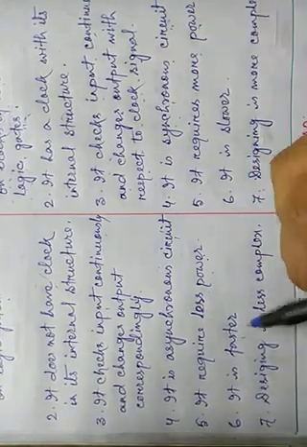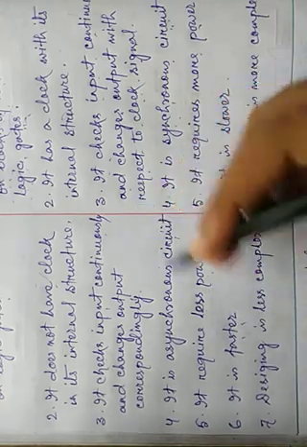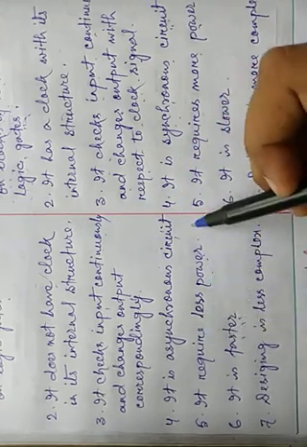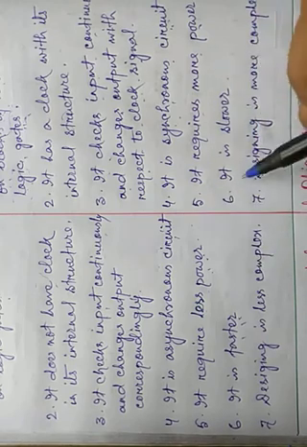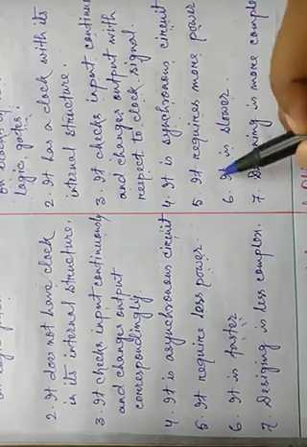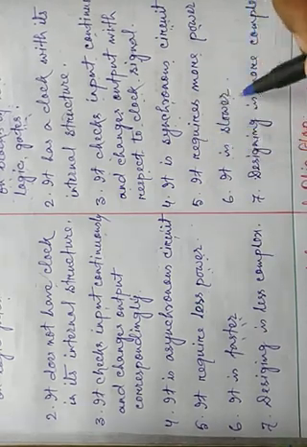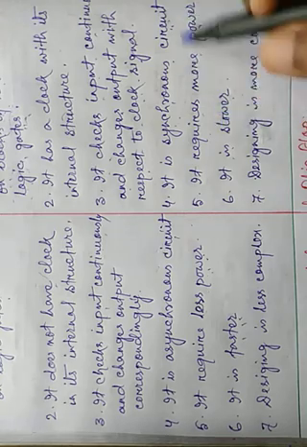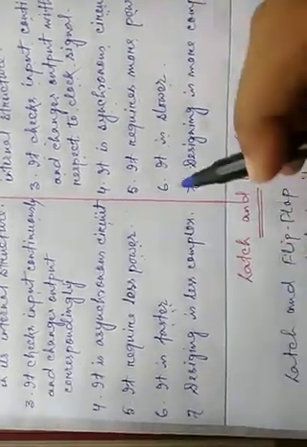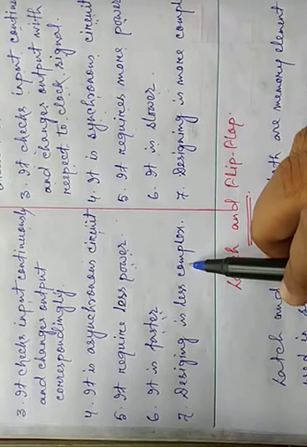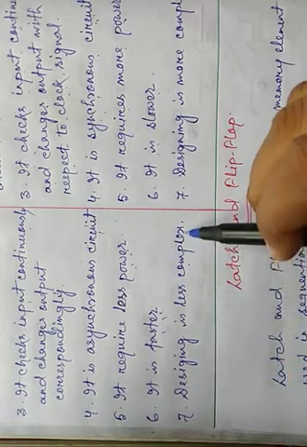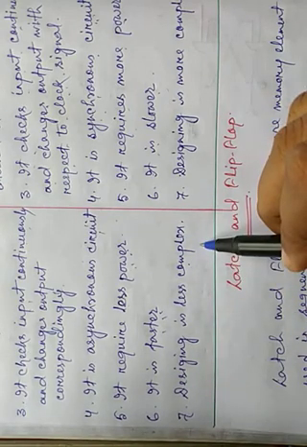A latch is faster because with no clock, the output depends directly on the input value. A flip-flop is slower because the changes in output depend on the clock. Designing a latch is less complex because no extra circuit is needed for a clock signal.